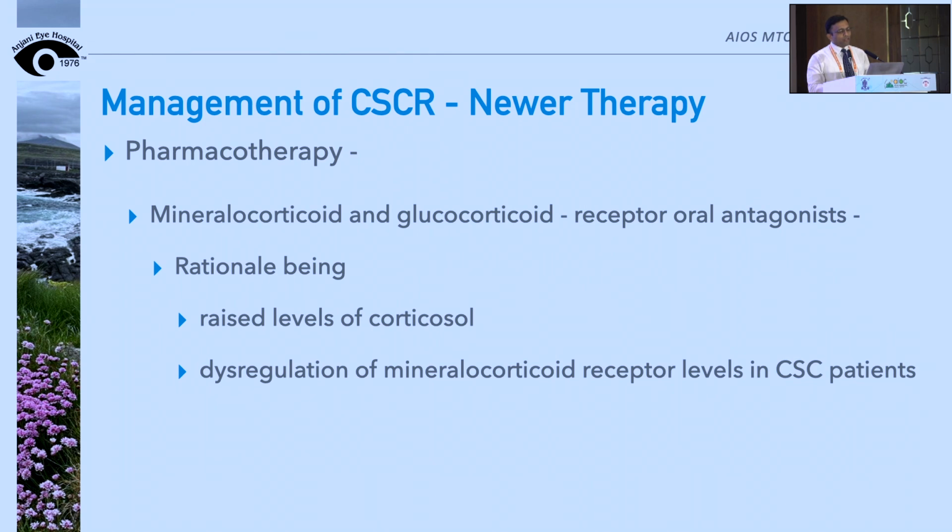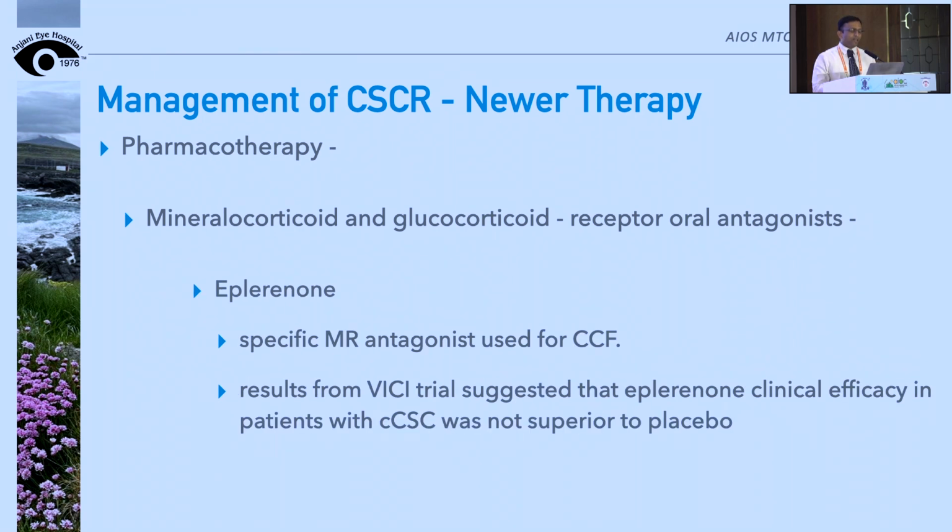Mineralocorticoid and glucocorticoid receptor antagonists have been shown to be used in these CSCRs. The rationale is that raised levels of cortisol can be taken care of, and the dysregulation of the mineralocorticoid receptor level in CSC patients.